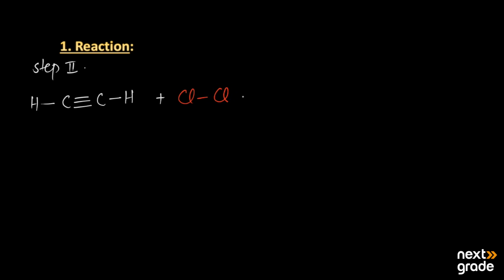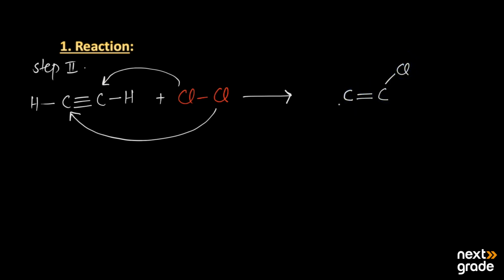After the reaction, one chlorine is added on carbon number 1 and the second chlorine on carbon number 2, and now the triple bond is converted into a double bond, with chlorine on one side and chlorine on the other side, and the hydrogens. This compound is named 1,2-dichloroethene. This is step 1.